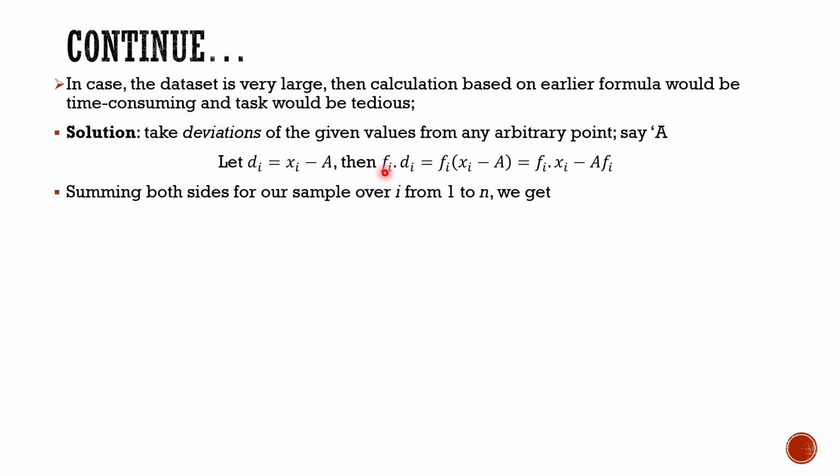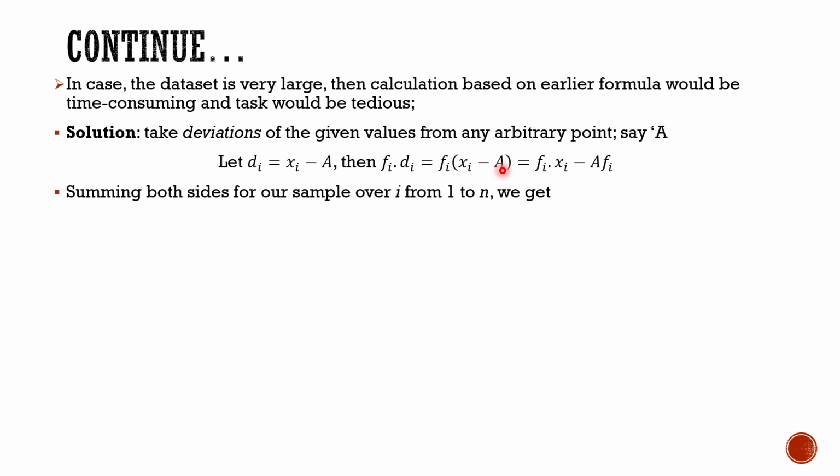Fi here is the corresponding frequency of xi, and if you put the value of di here, it would be equal to fi into xi minus a, and if you open this bracket, this would be fi xi minus a into fi.